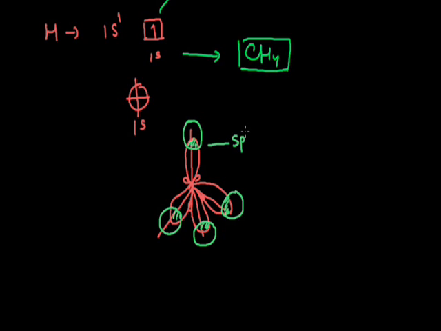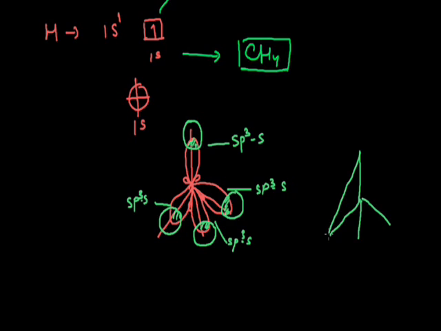The type of bond formed is sp3-s for all the 4 orbitals, and hence in CH4 molecule a tetrahedral arrangement would be seen with 4 sigma bonds.